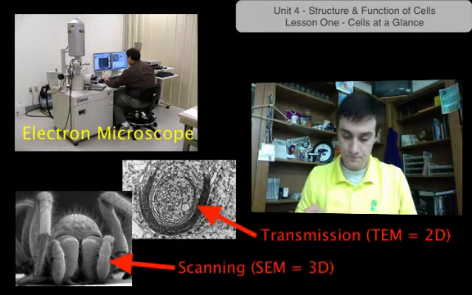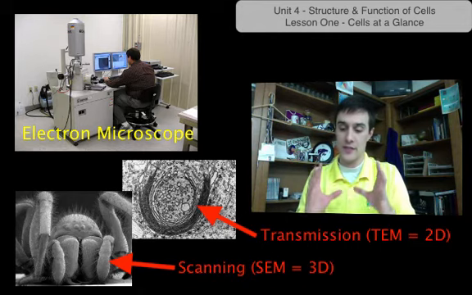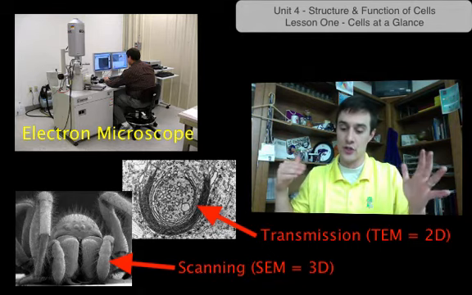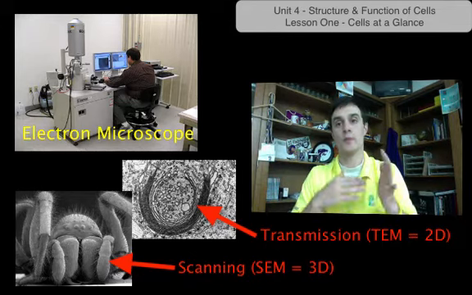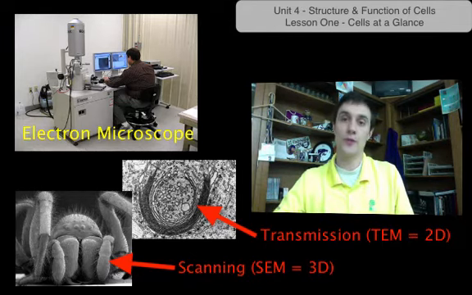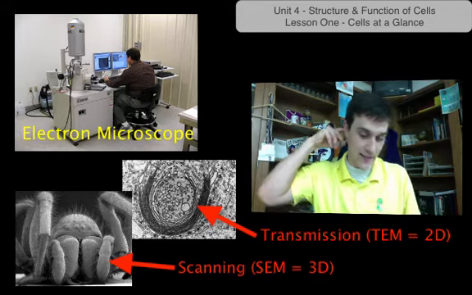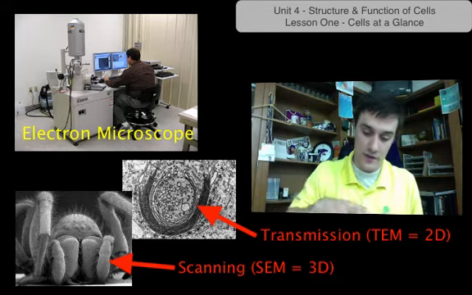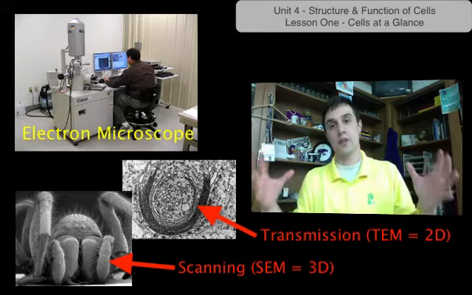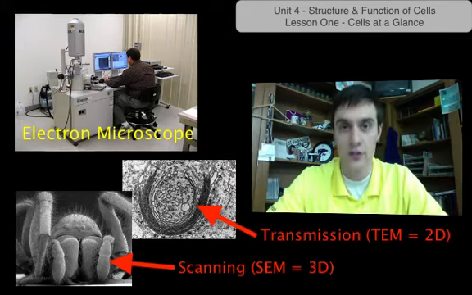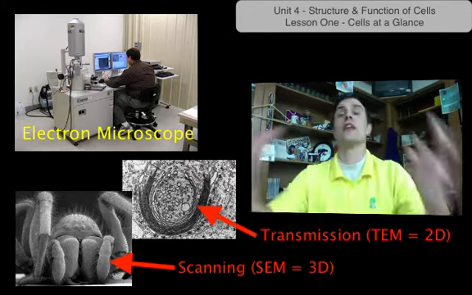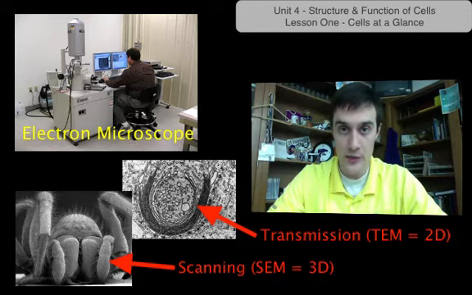The transmission microscope is going to take the electrons and shoot them directly through the material, giving you a 2D image. Whereas the scanning microscope is going to focus the electrons on the specimen, and they're going to bounce off. Through the software and the technology involved, it can create a three-dimensional image of that object.